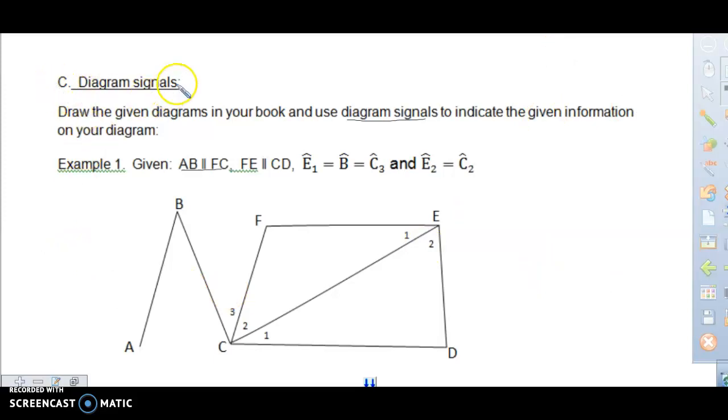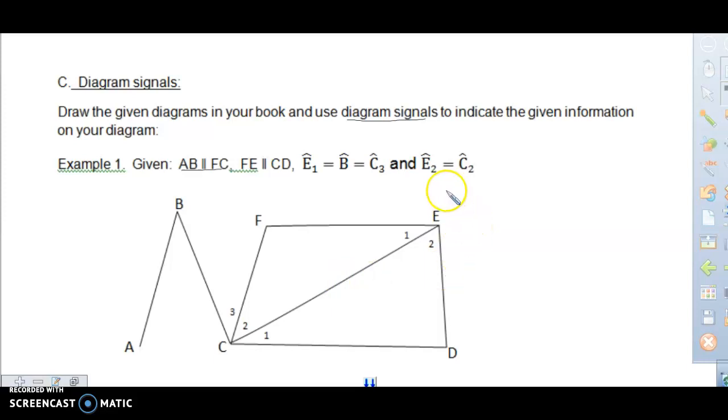The first part of the exercise is we're going to look at diagram signals, and I want you to practice putting diagram signals in a diagram. I've given you a diagram, and then I've given you some information. This information is not on your diagram.